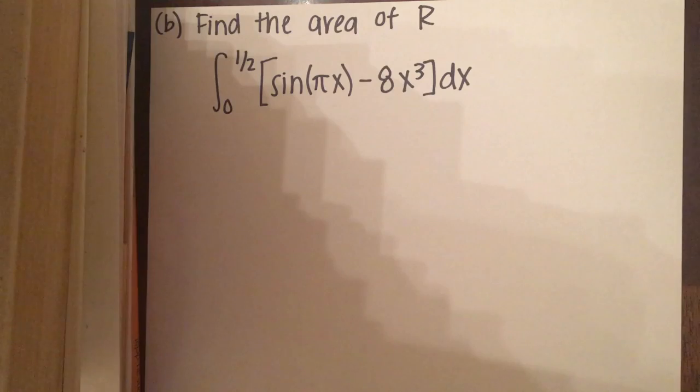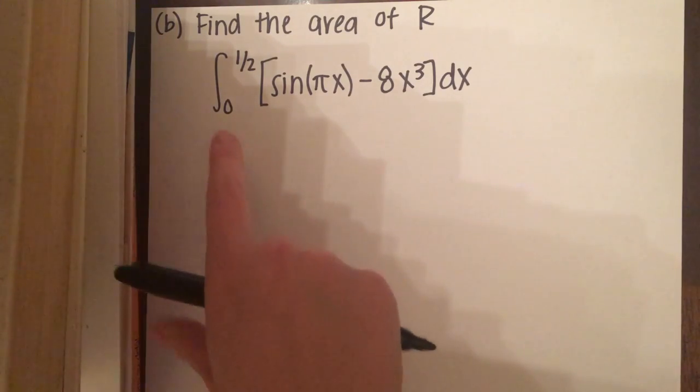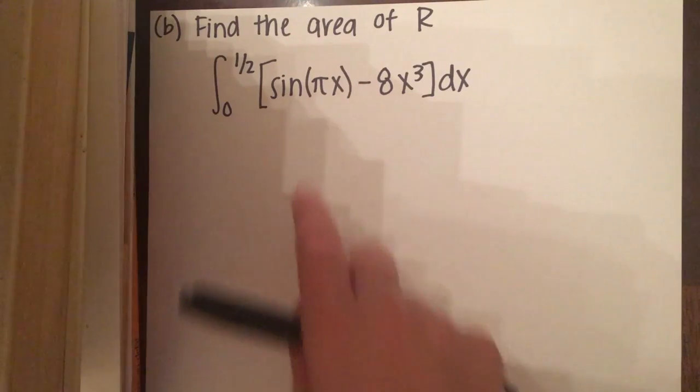So since this is on the non-calculator portion of the FRQ, we're going to have to actually evaluate this because we can't just plug it into our calculators. So how we do that is, what I'm going to do is separate these two because there's a subtraction sign.